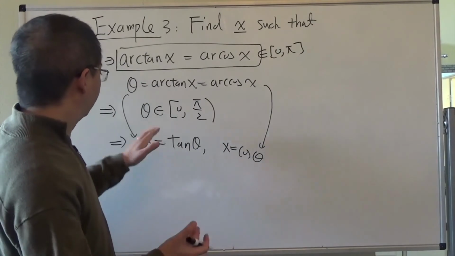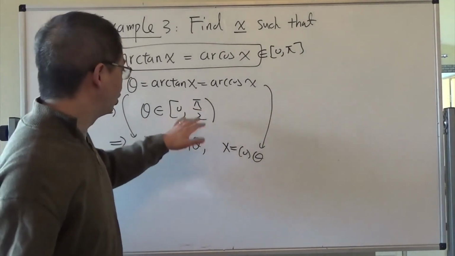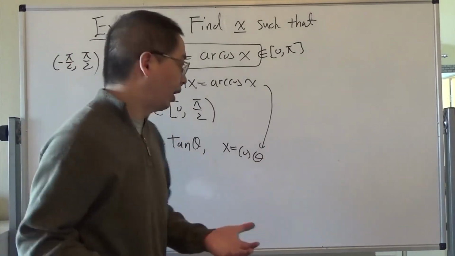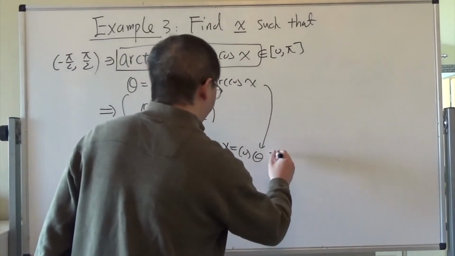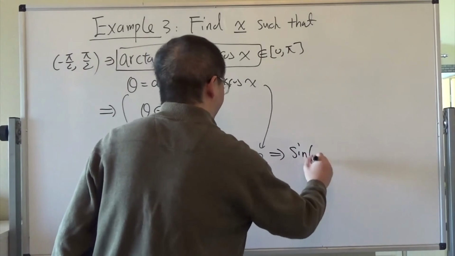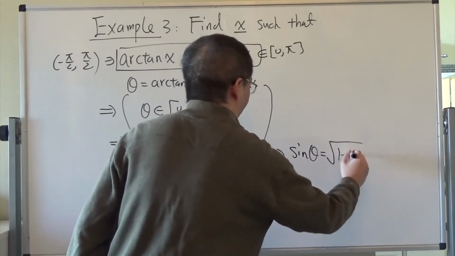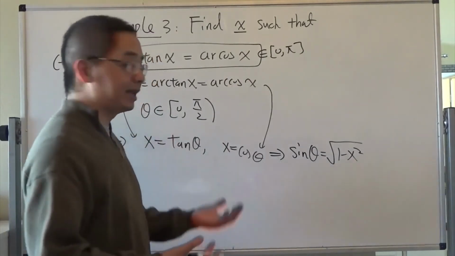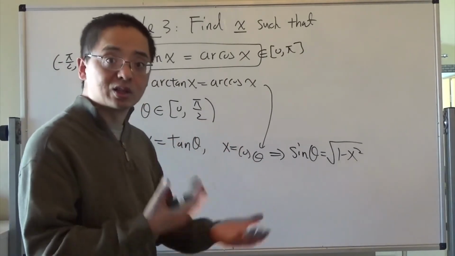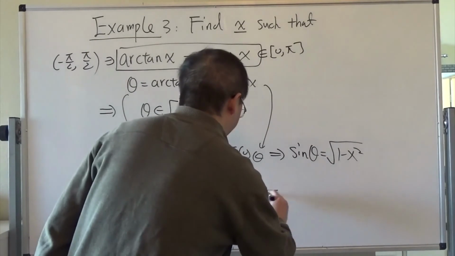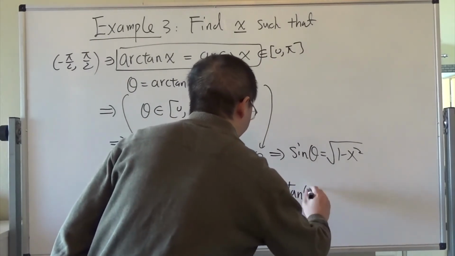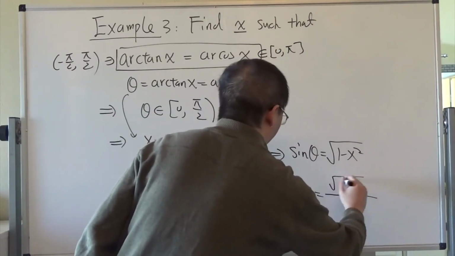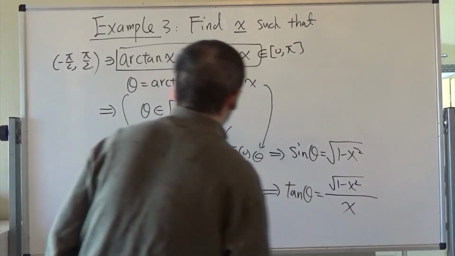Now, because theta is between 0 and pi over 2, and x equals cosine theta, we know sine theta has to be positive, right? From here, I can derive sine theta is equal to the square root of 1 minus x squared. That's because the sum of the squares of cosine theta and sine theta is always 1. And then I deduce the tangent theta shall be the square root of 1 minus x squared over x.